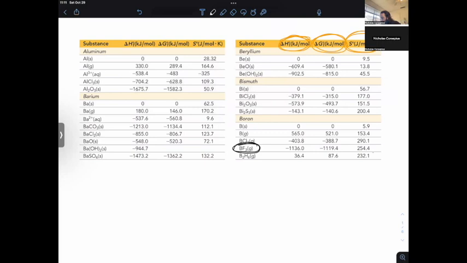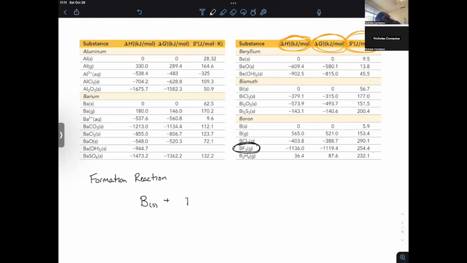And what's actually tabulated here is the enthalpy, free energy, and entropy of what's called a formation reaction, where the reactants are the elements in their standard state. So boron's standard state is just all by itself as a solid.